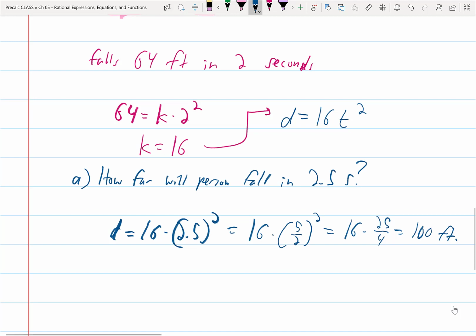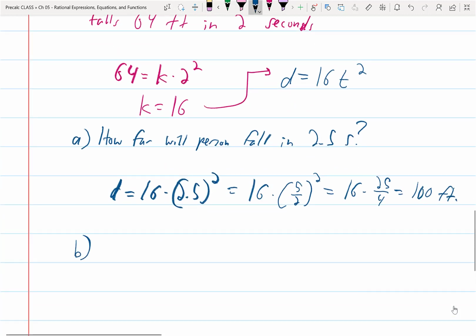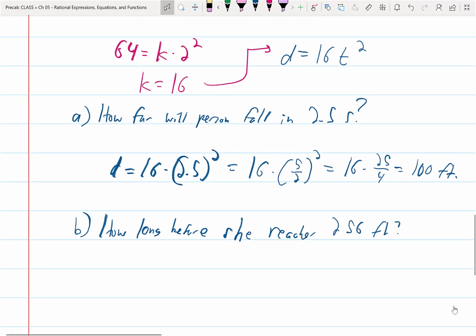So I could ask questions like, how long before she reaches 256 feet, which would be to take this equation right here and change that to 256 is equal to 16t squared.